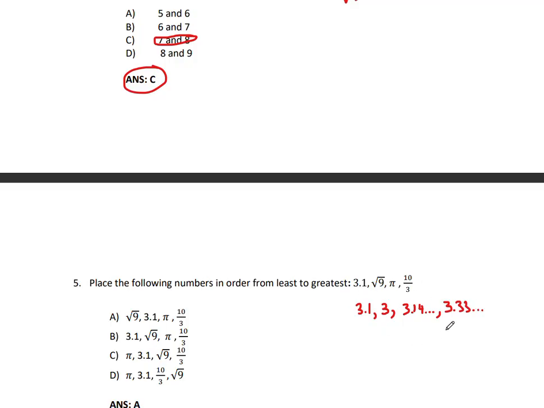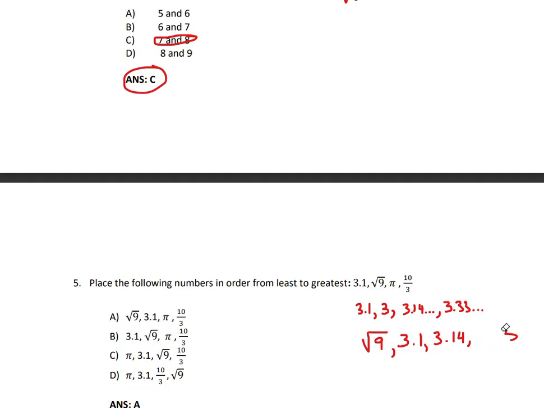So let us now put these in order from the lowest to the highest value. The lowest value here is going to be the square root of 9, which is 3. Then it's followed by 3.1, that's the next highest one. And then the next highest after 3.1 is 3.14. And then the very highest one is 3.33, or 10 over 3.